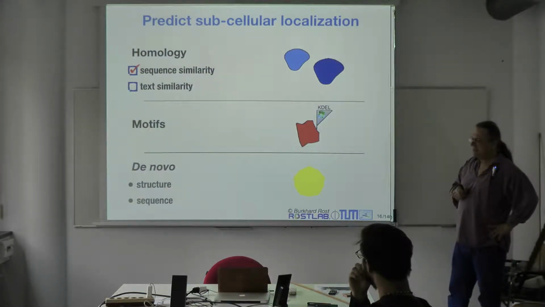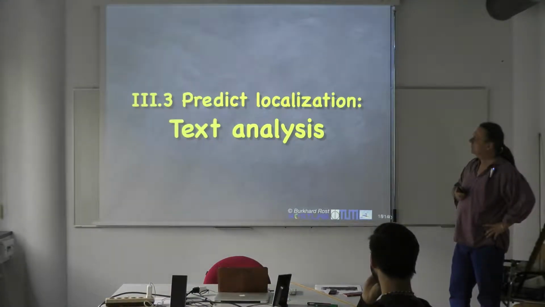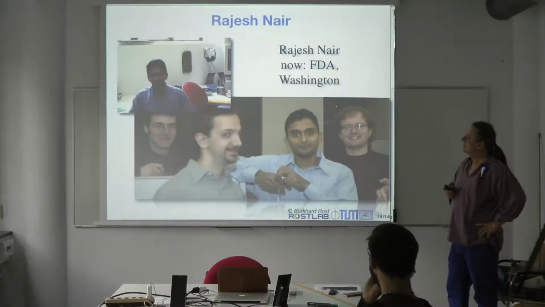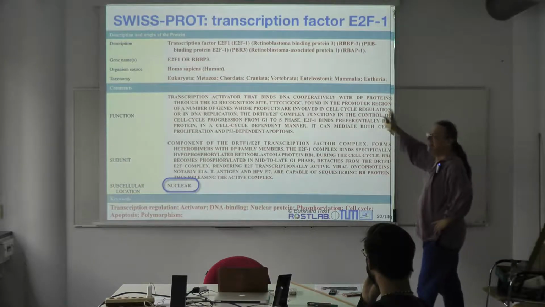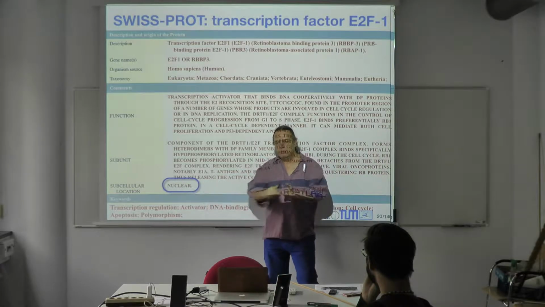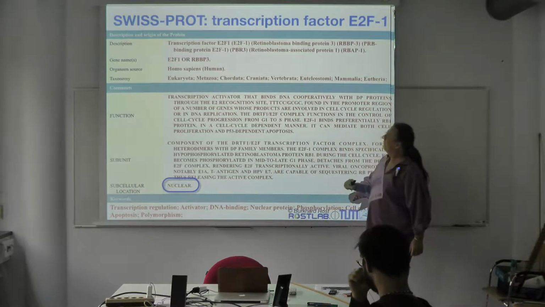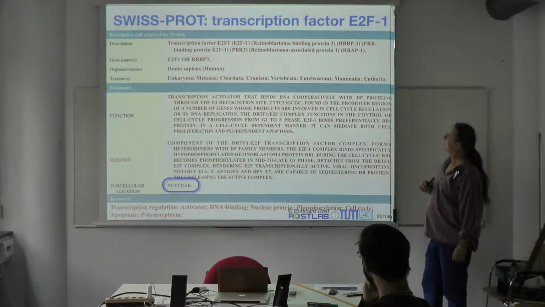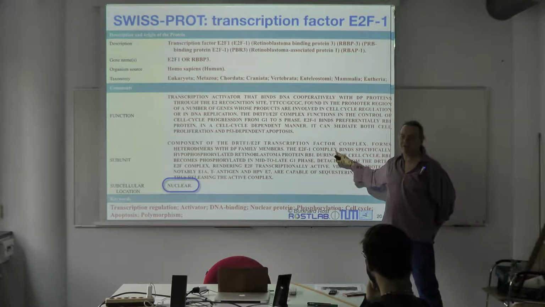Now, text similarity, how can we do that? This is work from Rajesh Nair. Say you had that SWISS-PROT record, but I removed the word nuclear. I removed the column sub-cellular location. People who know a little bit about proteins will read here and see that this is a transcription factor.